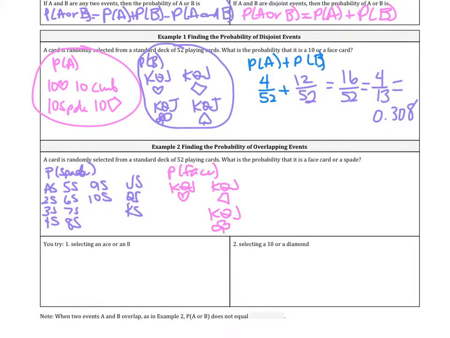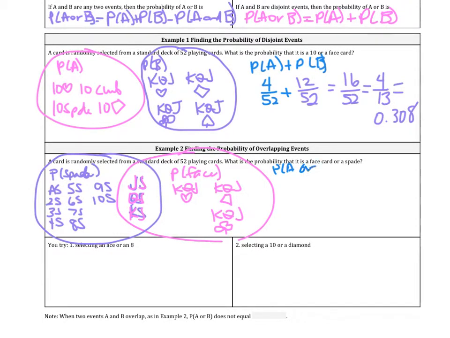And then we have the king, queen, jack of spades, which is already counted on this side. So that's jack of spades, queen of spades, and king of spades, right? So those are overlapping. So here's the probability of a face card versus the probability of a spade. So this is overlapping.